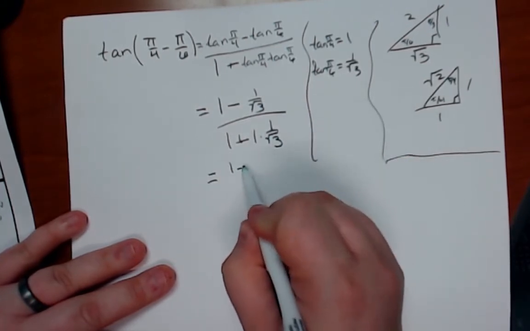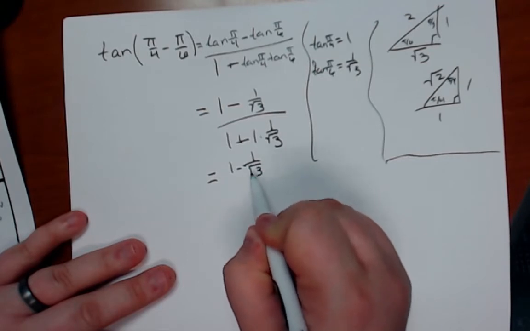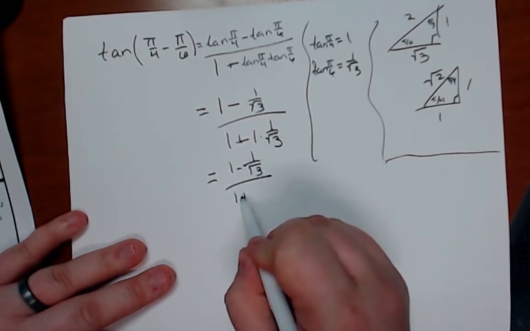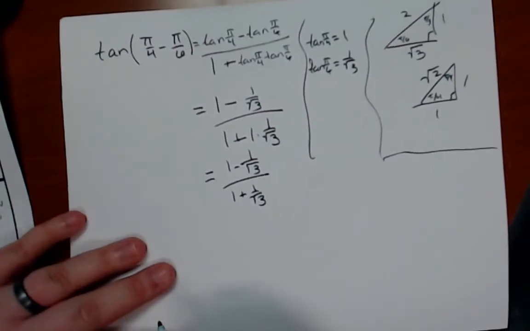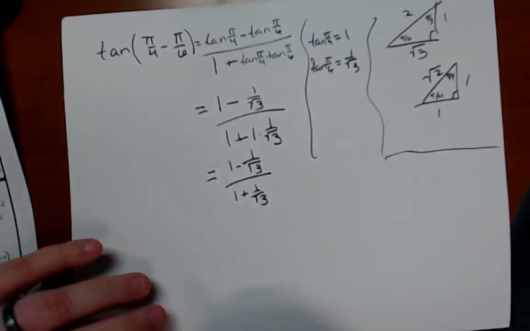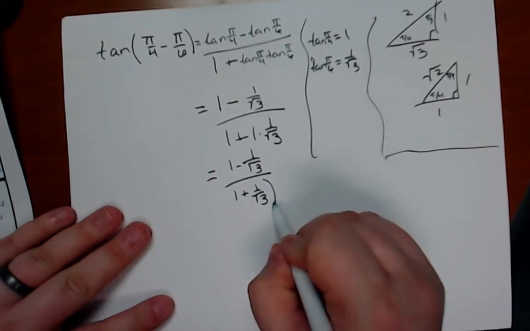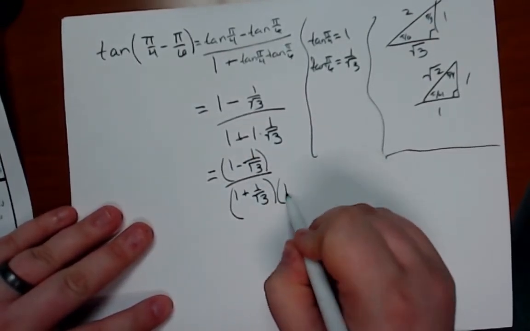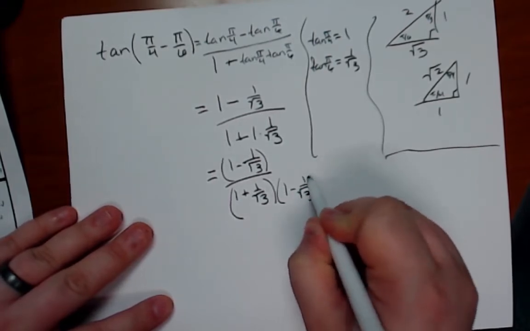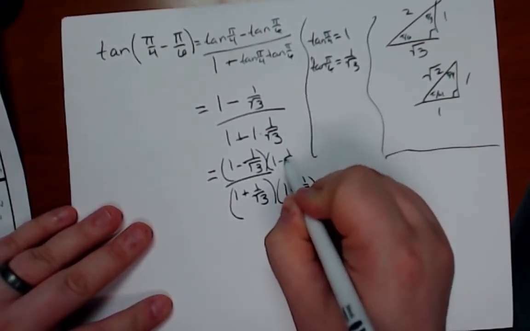So here we have 1 minus 1 over root 3 over 1 plus 1 over root 3. Now you could leave it like this. You could also do what's called rationalizing the denominator. And so if we multiply the top and the bottom by the conjugate, that's a fancy word for 1 minus 1 over root 3, 1 minus 1 over root 3.